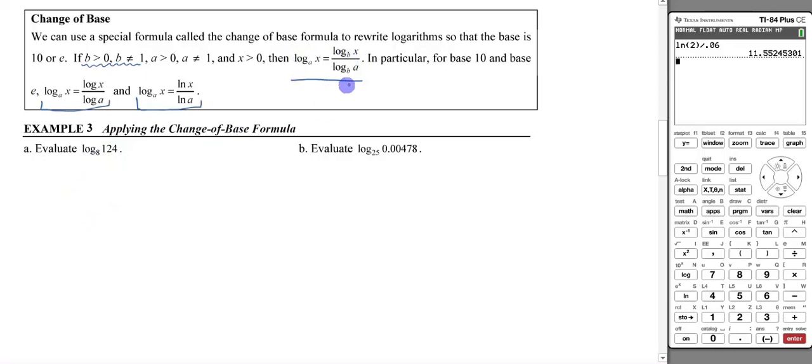According to the change of base formula, log base 8 of 124 is equal to, this time let's change it to log base 10, log base 10 of the original argument divided by log base 10 of the original base.